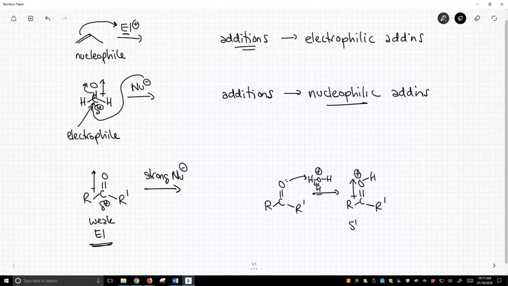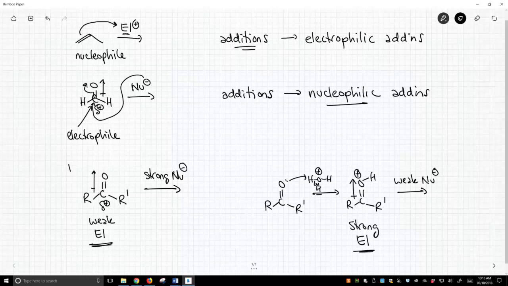And so this is actually no longer a weak electrophile, it is a strong electrophile. And so in the case where we use acid to activate the carbonyl to make it more electrophilic, we can actually use weak nucleophiles which may or may not be positive or negatively charged to react with our strong electrophile.